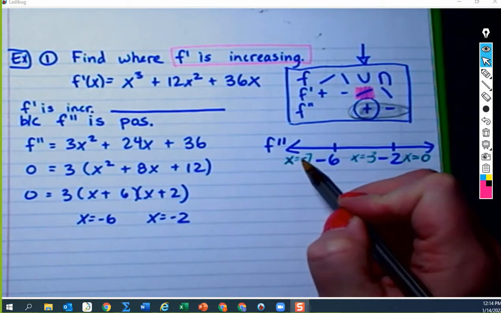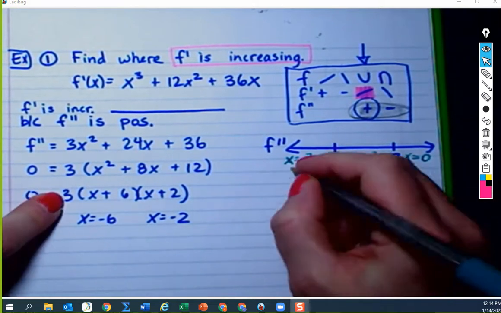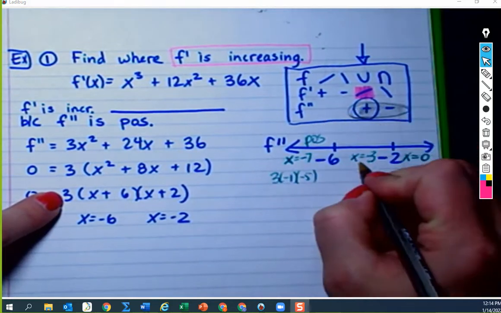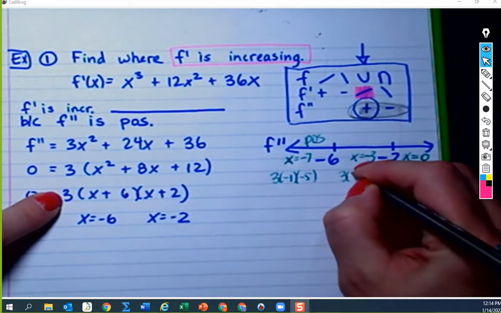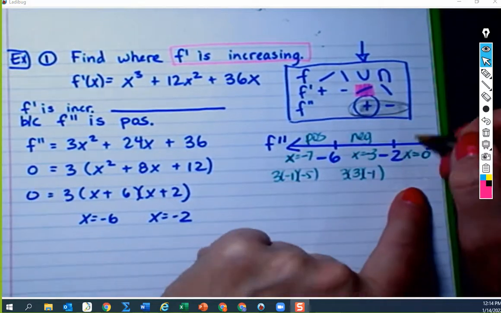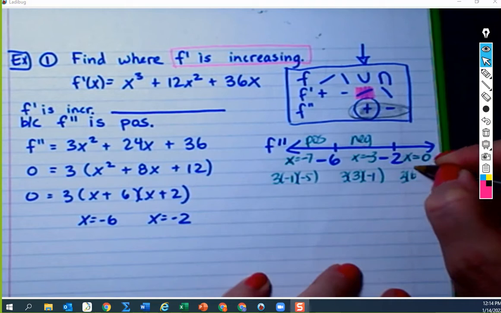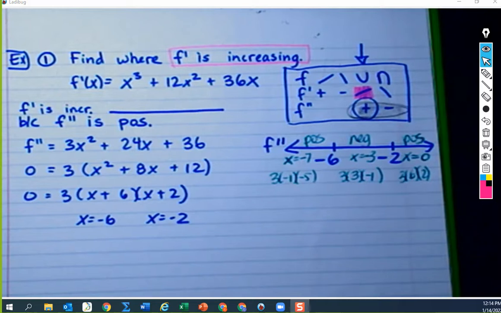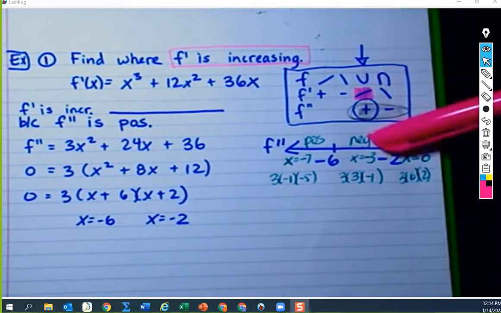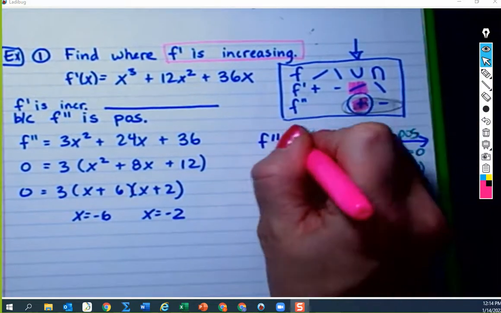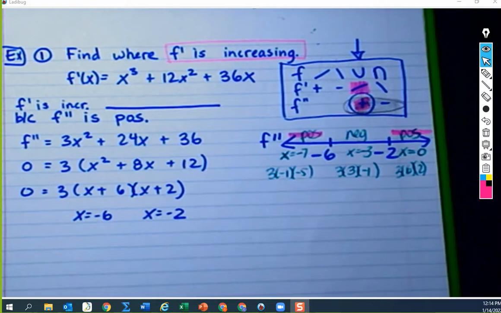Plugging in -7, that's positive. So I'm going to test -3. That's negative. And 0, that's positive. So what am I looking for? I'm looking for this column here. I want to know where the second derivative is positive. That's my answer.